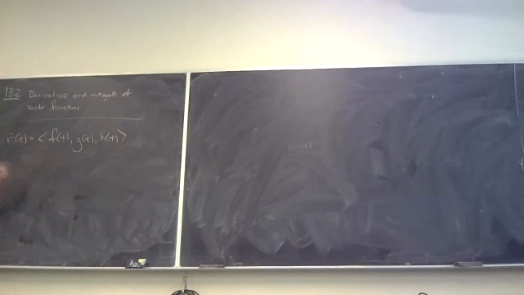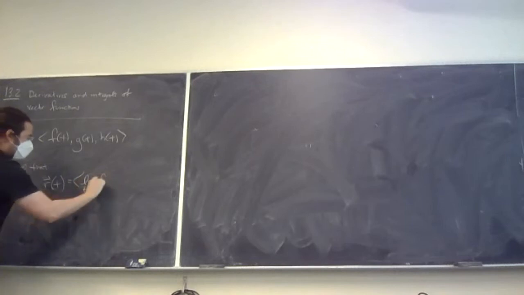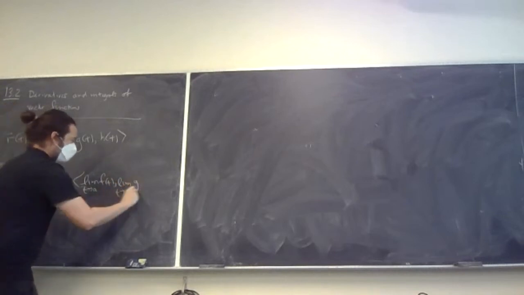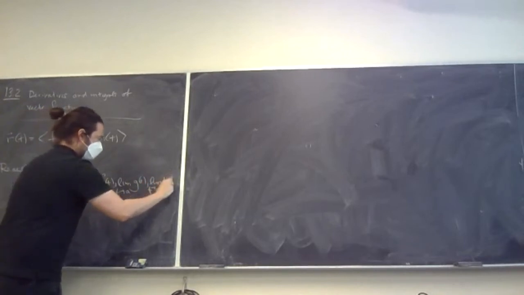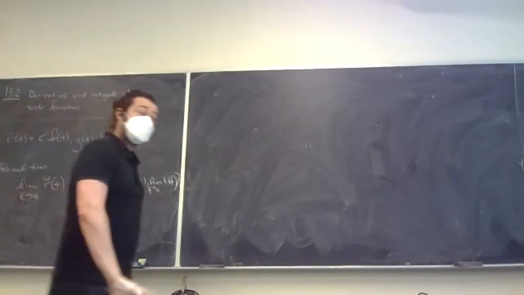So recall that the limit as t goes to a of R of t is equal to the component-wise limit as t goes to a of f of t, the limit of g of t, the limit of h of t. So limits go inside vector functions.